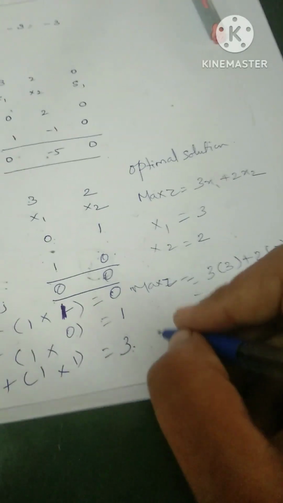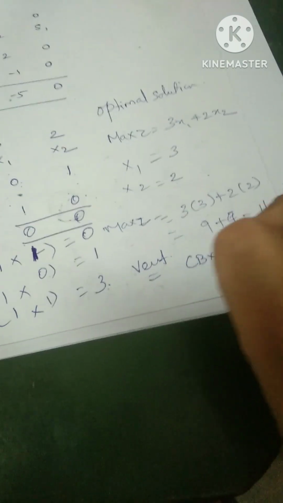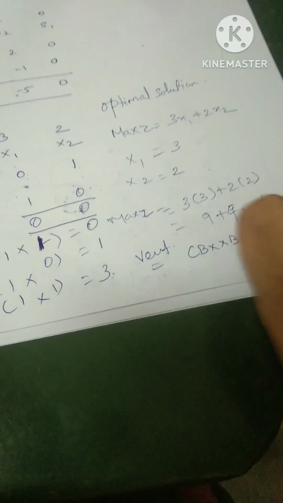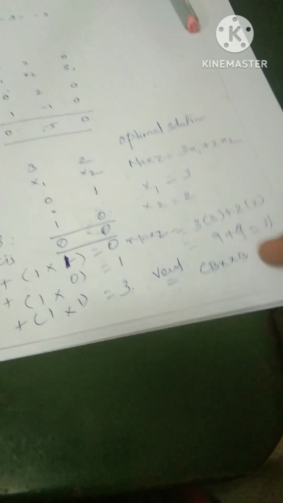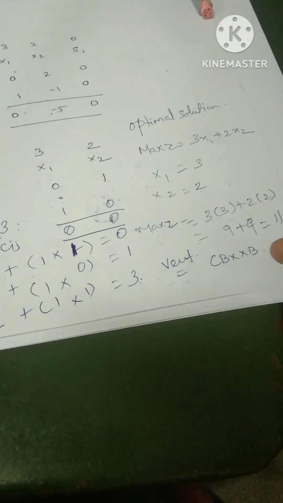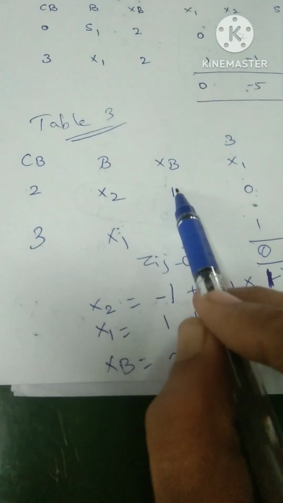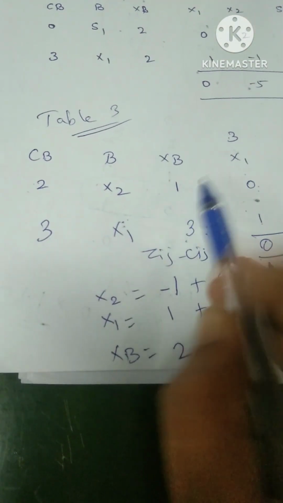At the same time we can verify whether our steps are correct or not. The formula for that is Cb into Xb. Here the Cb value is 2 and the Xb is 1. So 2 into 1 is 2.